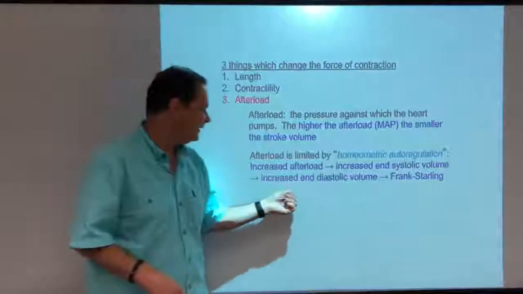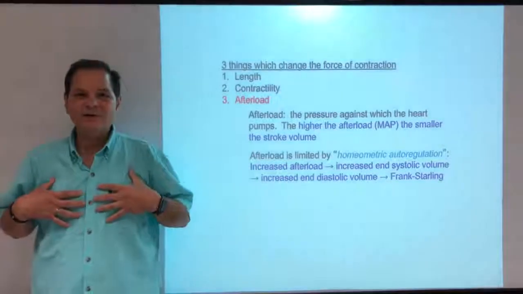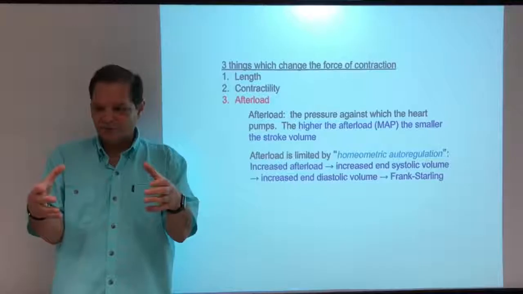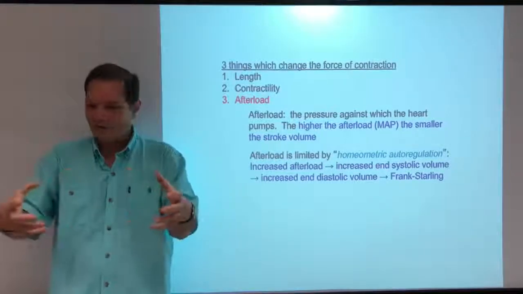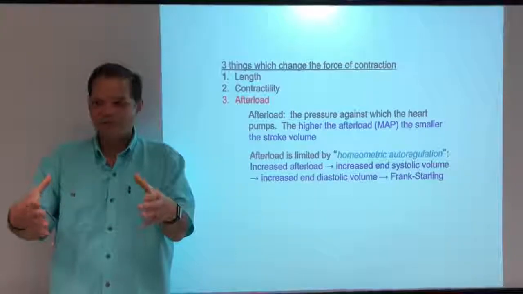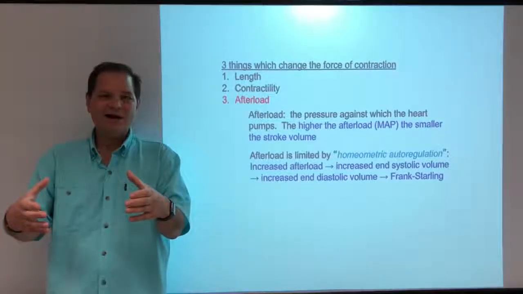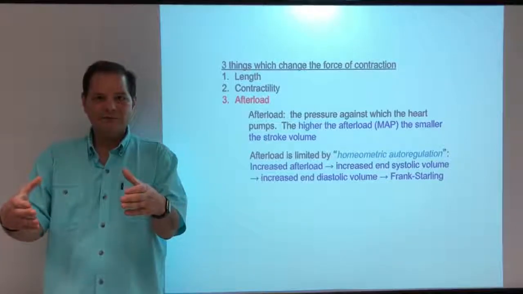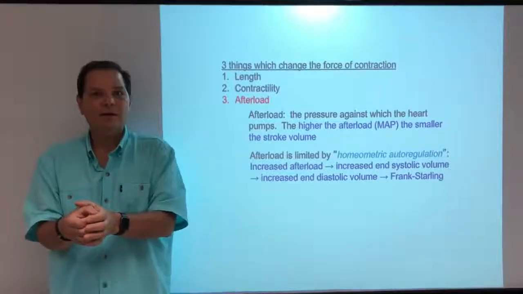So that means I get an increased end diastolic volume. If I have an increased end diastolic volume, that means I'm stretching the muscle in the walls of the ventricle more because that heart is holding more volume. I have more stretch of my muscle fibers, and that means that I will increase the force of contraction of those muscle fibers, which means I'm going to increase the stroke volume back up again.